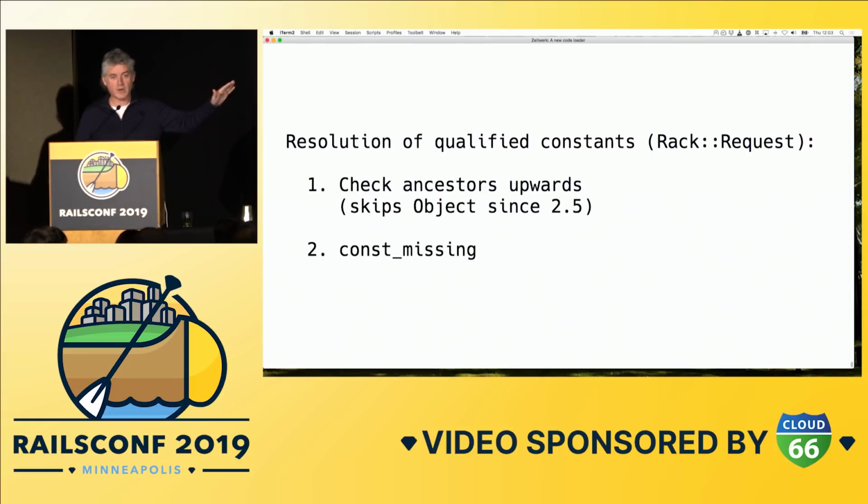But Request is qualified, and Request is solved using this algorithm, which is much easier. It just checks the ancestors of Rack upwards, with a technicality here for Object that doesn't matter, and if it is not found, const_missing. So this is easier, and this does not take the nesting into account.